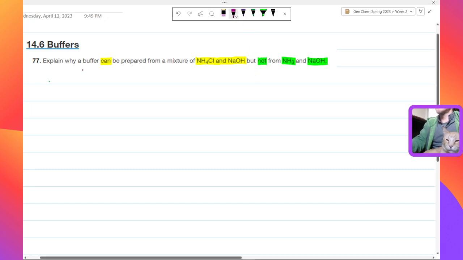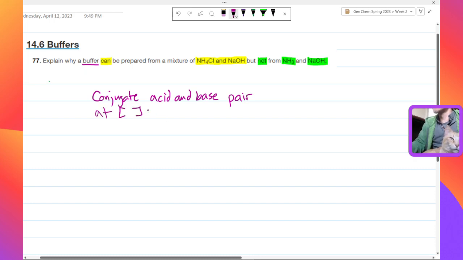So first off, it might be good to talk about what even is a buffer. Essentially, a buffer is a conjugate acid and base pair that are at concentrations near the pKa of the acid, so that about half of the total population of the pair is in the acid form and the other half is in the base form.